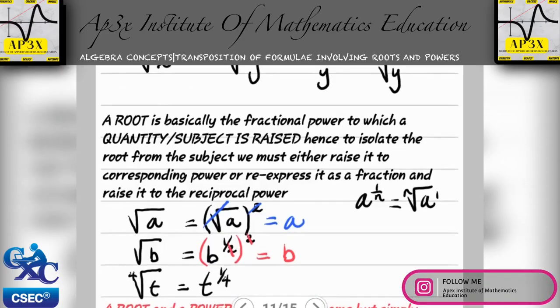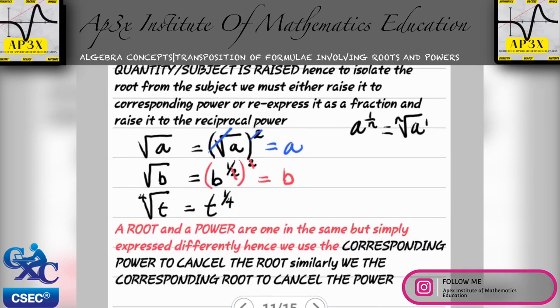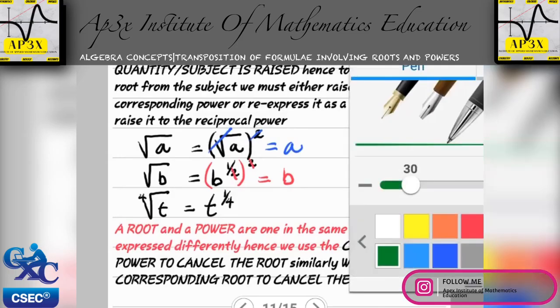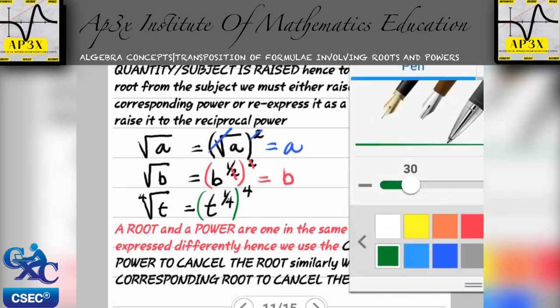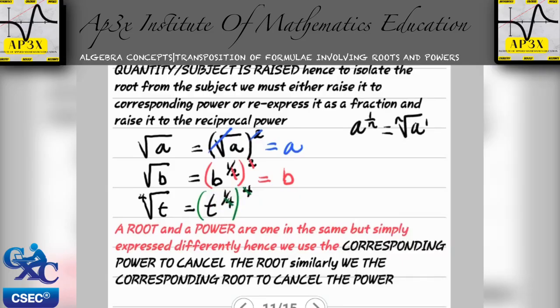And so basically all I have to do is raise this to the reciprocal of a quarter. The reciprocal of a quarter is 4. And so by raising it to the 4, we can cancel the 4 here and here, and then we end up easily with t.